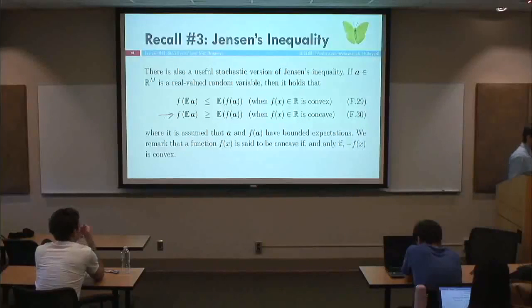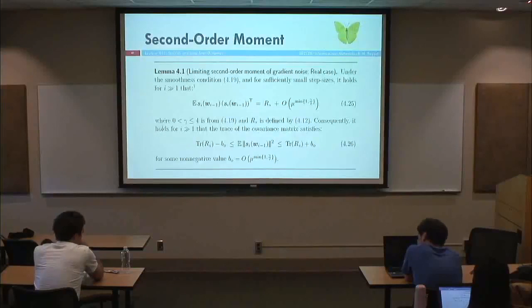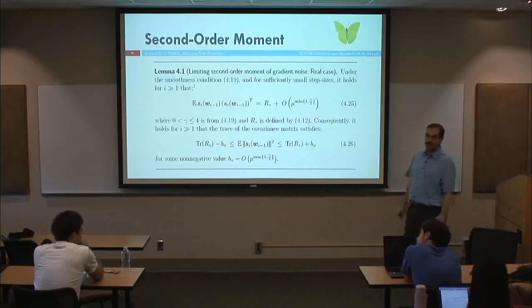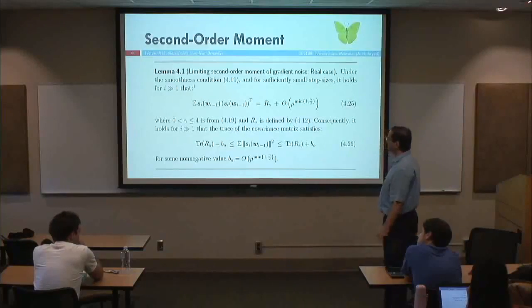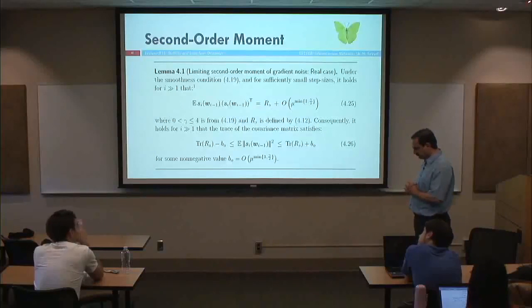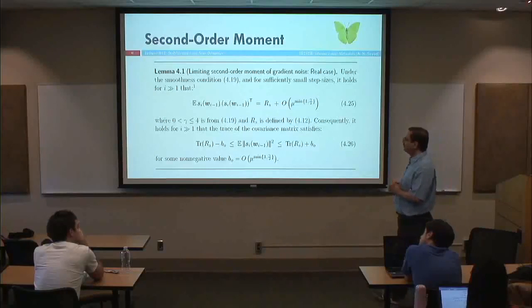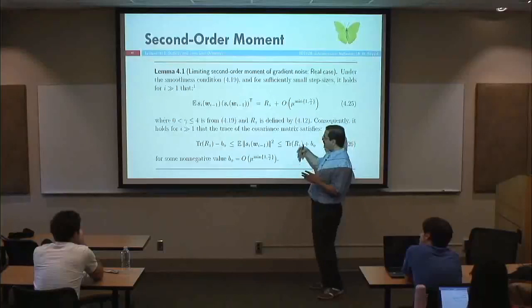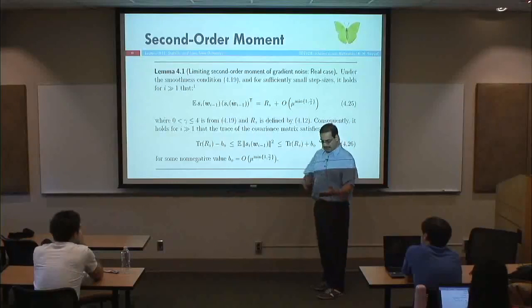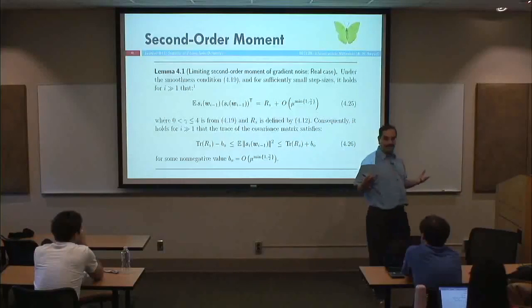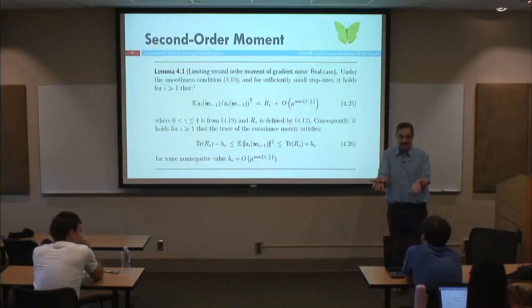Now, because of these smoothness conditions I introduced, I can establish this useful lemma, okay? Why is this lemma useful? Let me comment on it. Okay, first, when you study the dynamics of your adaptive algorithms, there is always gradient noise present, right?